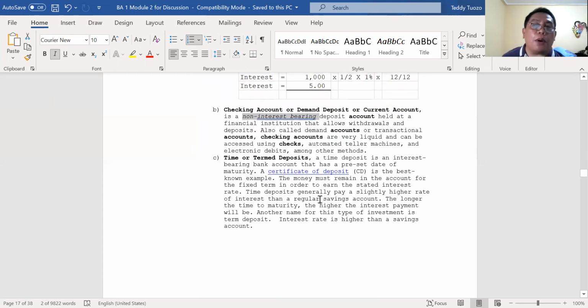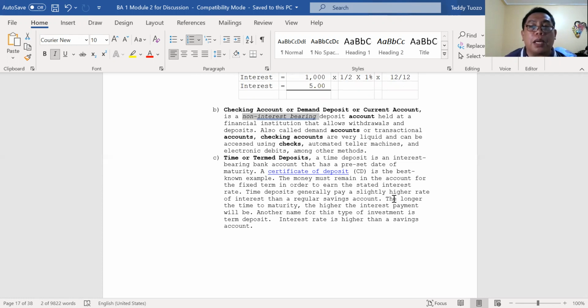So time or term deposits: a term deposit is an interest bearing account that has a preset date of maturity. So it is defined how long before you can withdraw, or the time period that it will earn interest. A certificate of deposit, or CD, is the best known example.